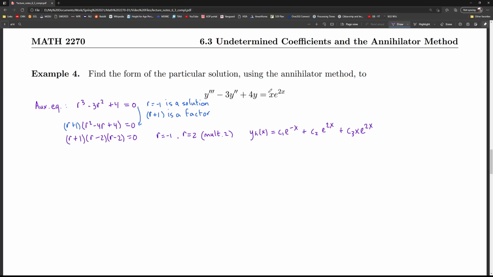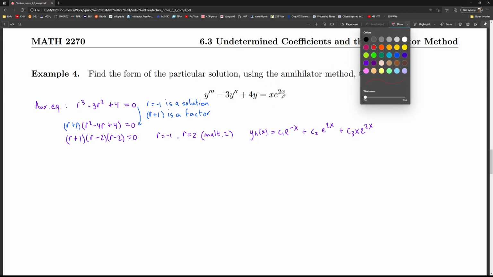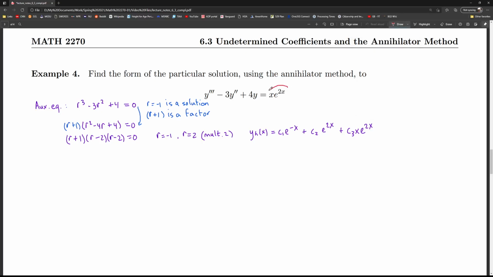And now let's take a look at this differential equation, and let's take a look at what is the annihilator for the right-hand side. When you look at the right-hand side, it's of the form x to the power k times e to the power rx, with k equals 1 and r equals 2.